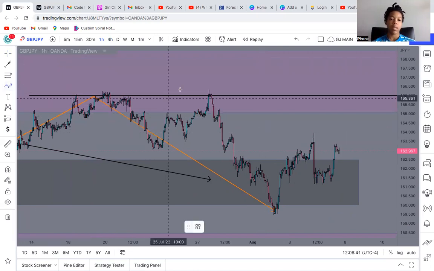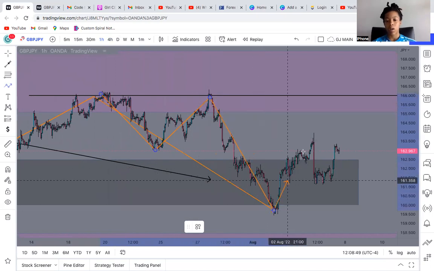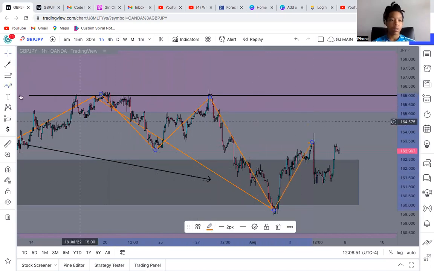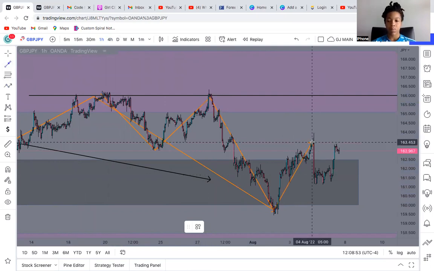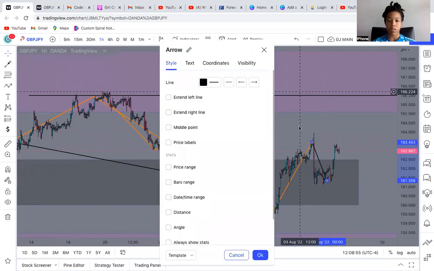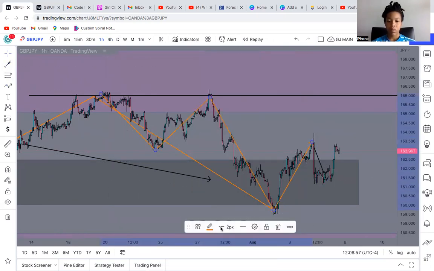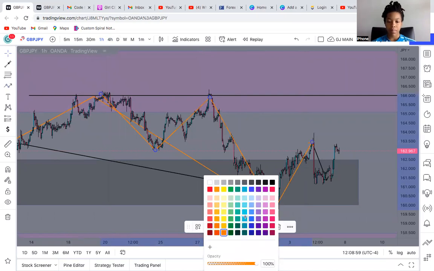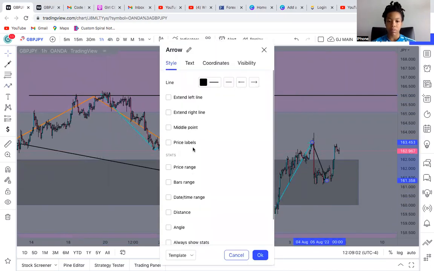We got a high, a low, respecting the same high, so we can say equal high, then a lower low, a lower high, and then we start to see price moving down. So this is going to be my hour, so I'm going to make sure I correlate that. I'm going to make this blue.